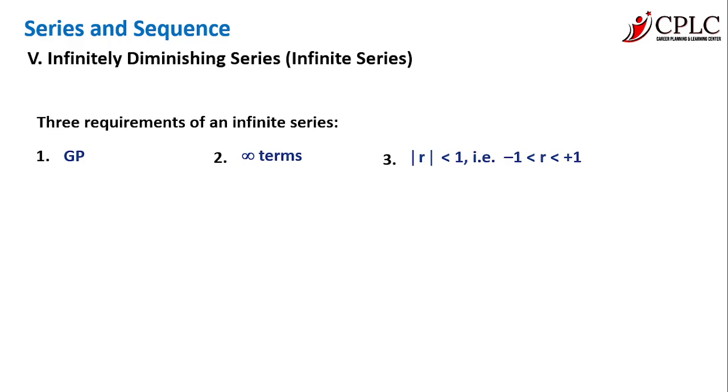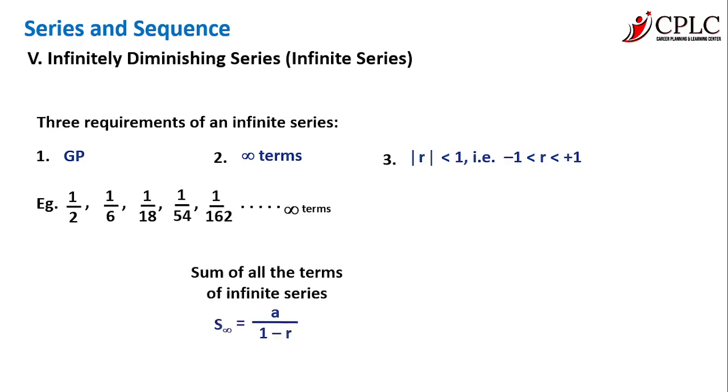And there is only one formula in this case. This is the Sn formula of GP, which in this case becomes S infinity, because there are infinite terms. That formula becomes a upon 1 minus r, which is very related to the Sn formula of GP, wherein you substitute n as infinity, and r, as we know, is between -1 and +1, so it will be 0 point something, and so on and so forth.